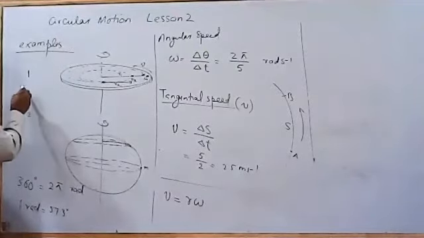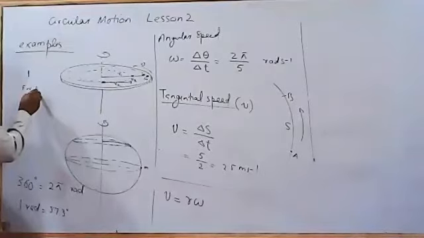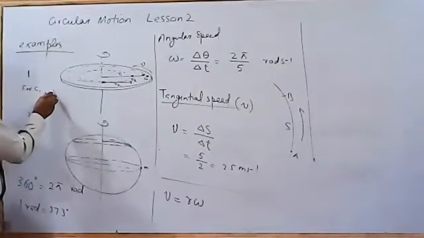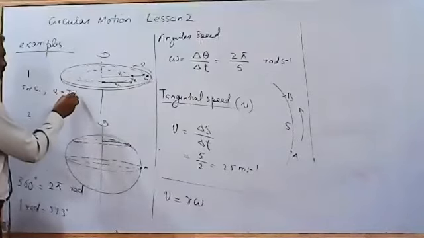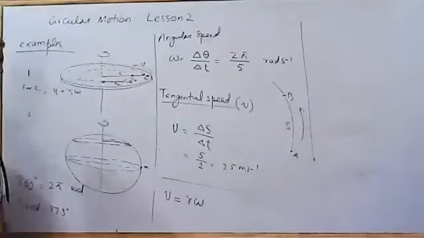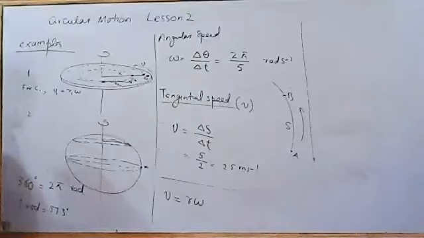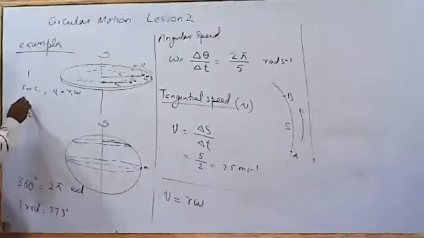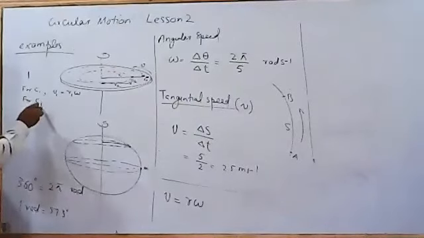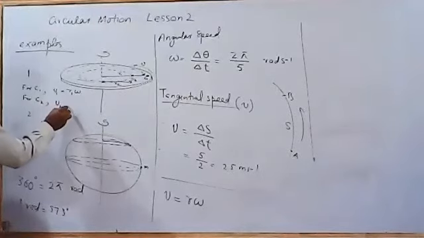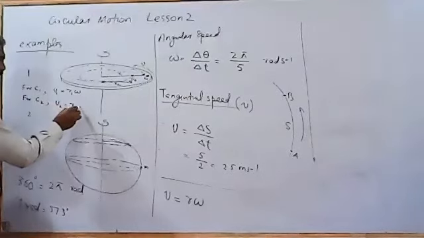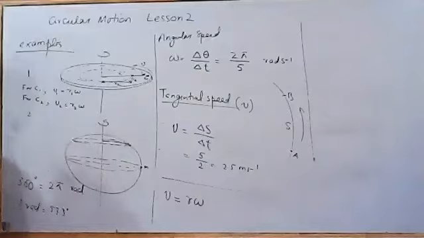For point C1, V1 is the speed, R1 is the radius, but omega is the angular speed. Whereas for point 2, V2 is the speed, R2 is the radius, but omega is same.